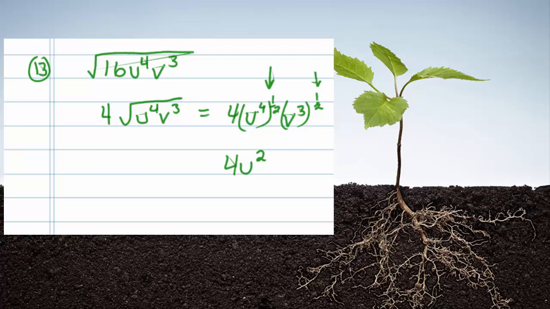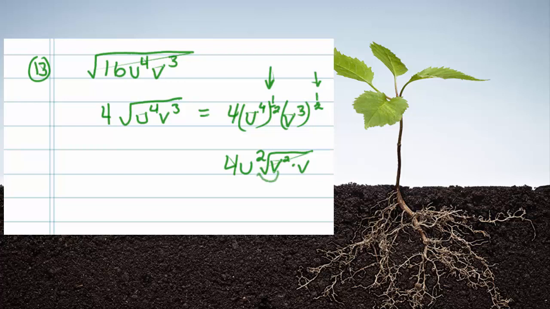Now, v raised to the 3rd raised to the 1/2. Again, we can apply our power to power rule, and we would get 3/2. Well, 3/2 is the same thing as v squared times v.